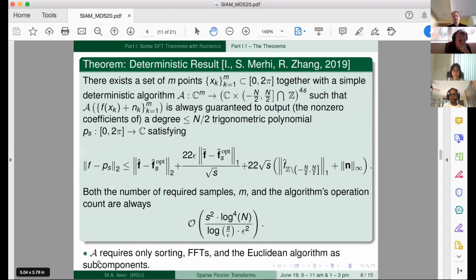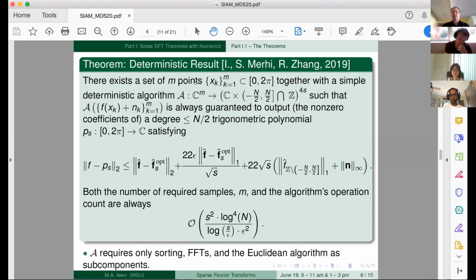Okay, so here's an example of a type of theorem you can prove for these sparse Fourier transform methods. So it says effectively that there's an entirely deterministic and explicit way of picking some points in 0 to 2 pi where you are allowed to evaluate your function, or should evaluate your function.